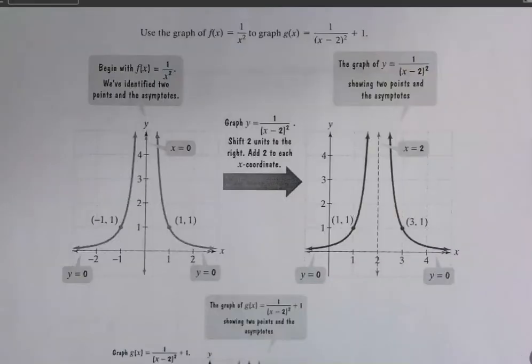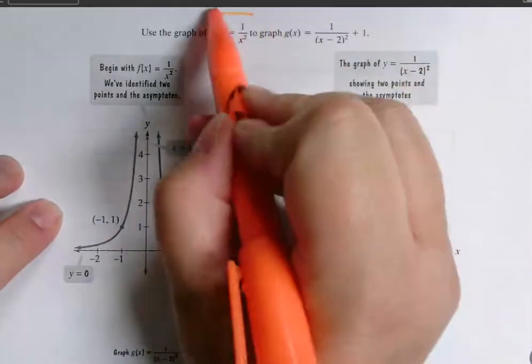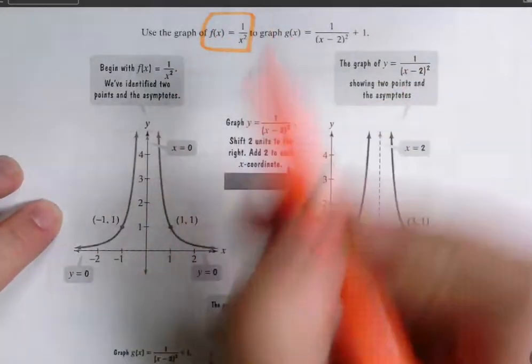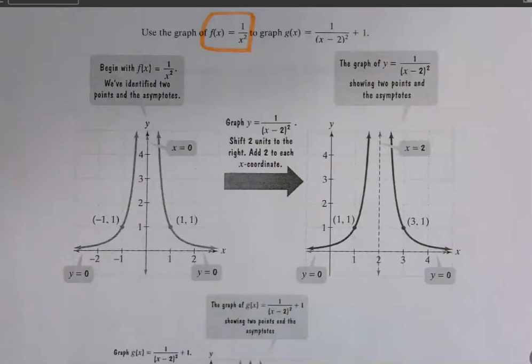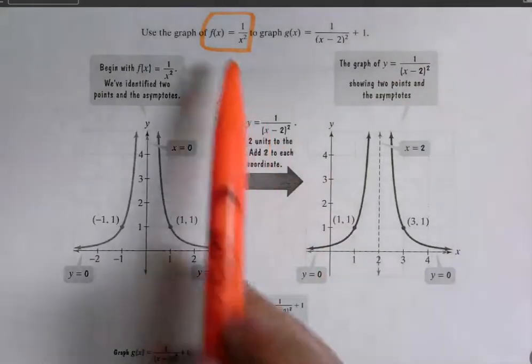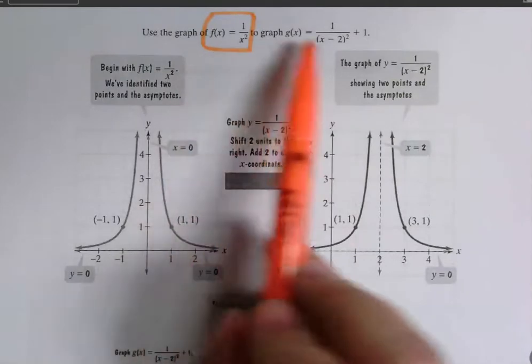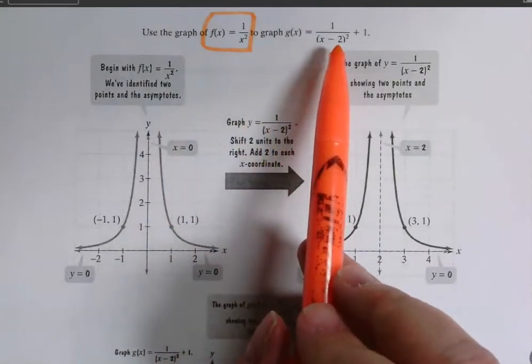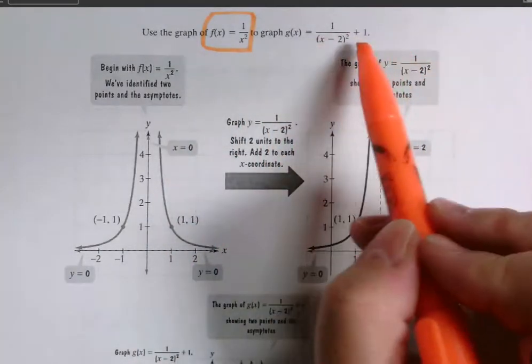Okay, I mentioned on that last part that this guy, the even function, with reflectional symmetry across the y-axis, is a common parent function for us to use. And that's what we're doing here. They're saying, let's use this parent function to see what this graph would look like. Well, we've got two things that are different here.